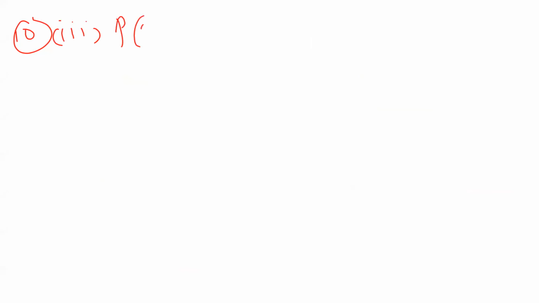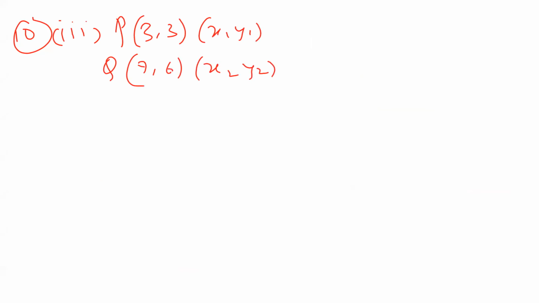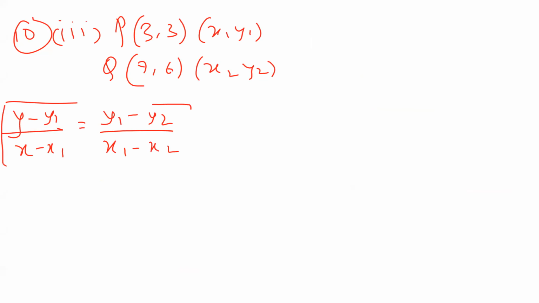So P is 3 comma 3, which is x1 y1. This is one of the points on the line. Q is 7 comma 6, x2 y2. So y minus y1 upon x minus x1 is equal to y1 minus y2 upon x1 minus x2.